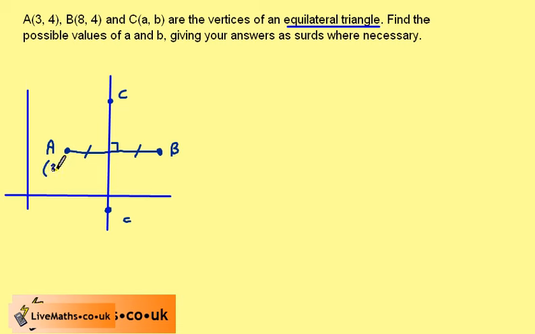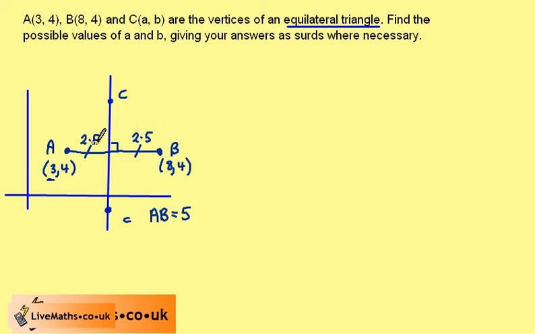Remember that A is the point (3, 4) and B is the point (8, 4). We can now find the equation of the perpendicular bisector. We know the distance AB is 5, and since it's a bisector, this distance would be 2.5 and this distance would be 2.5.